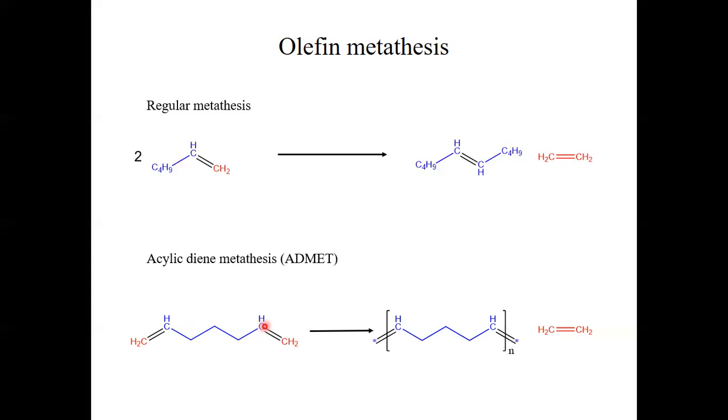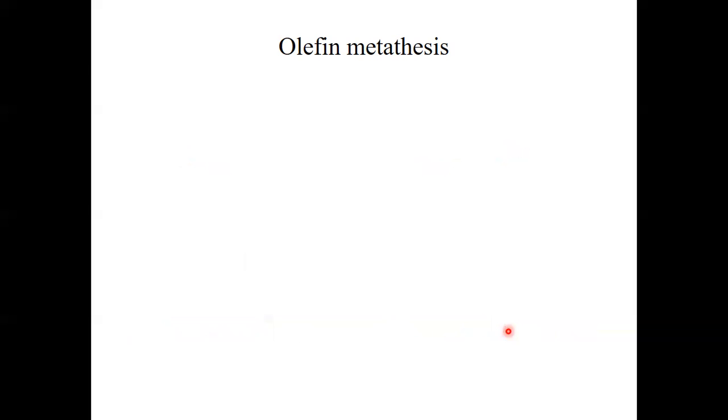And now you can combine these reactive ends to make a chain. Okay, and that chain then has both saturated carbons, which are these here, as well as unsaturated carbons. So you have 1, 2, 3, 4 carbon-carbon single bonds, alternated by a carbon-carbon double bond, then single bonds, and then a double bond. So this is how you can make unsaturated polymers.